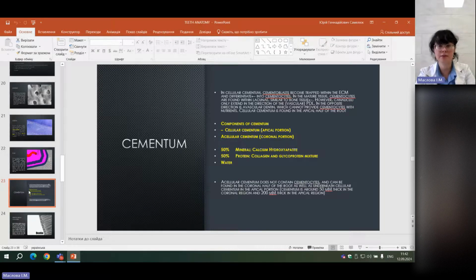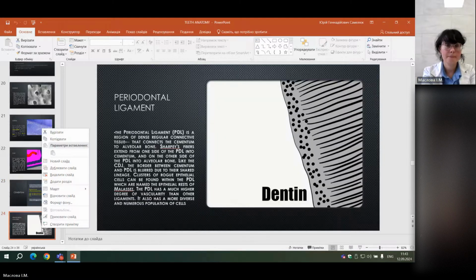Acellular cementum does not contain cementocytes or any other cells and can be found in the coronal half of the root, as well as underneath the cellular cementum in the apical portion. Cementum is around 50 micrometers thick in the coronal region and 20 micrometers thick in the apical region.